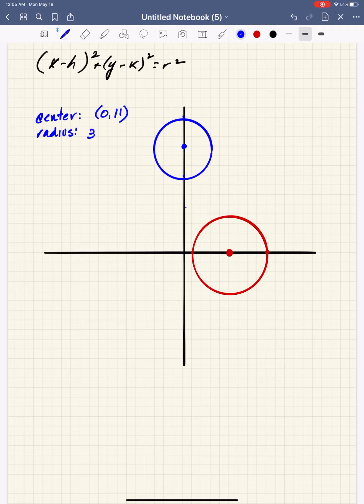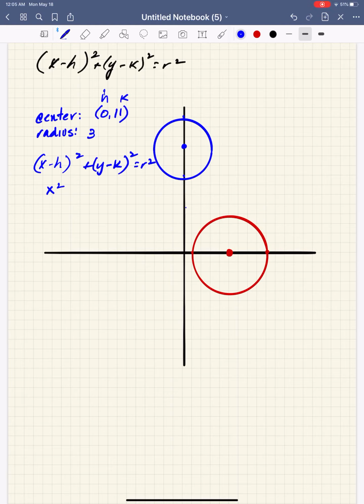Okay. And again, I'm going to just write my formula out. And so, again, this is h and this is k. Well, I'm going to put x squared because the 0 for the h value doesn't move left or right.